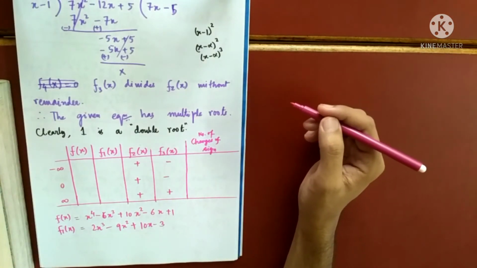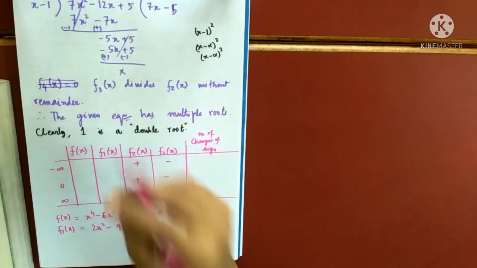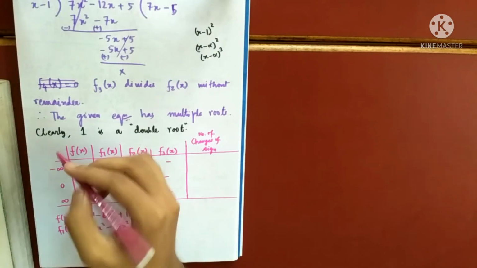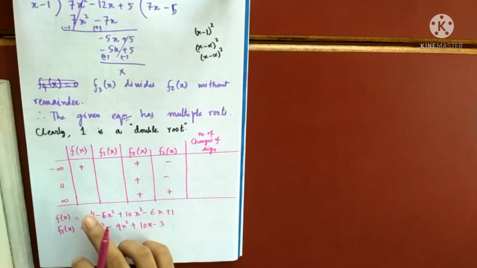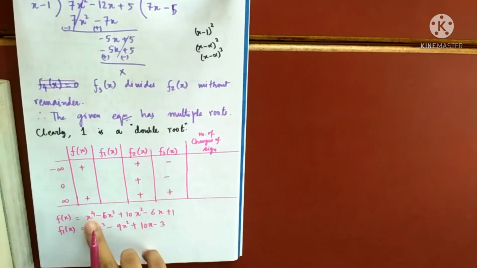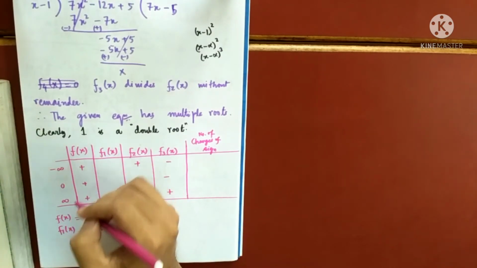Put here infinity, minus infinity, so minus infinity to the power 4 will be positive. Only this will matter, plus, and at 0 I am getting plus 1, that is plus.